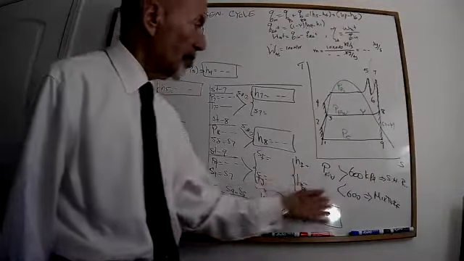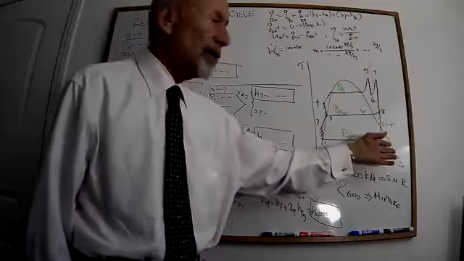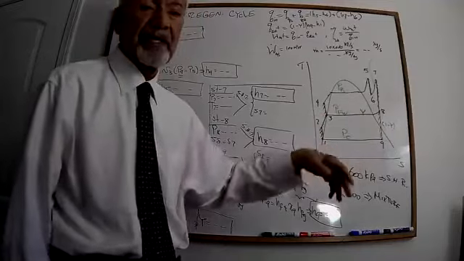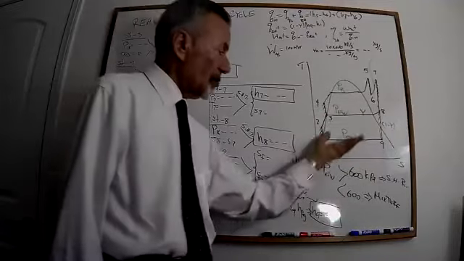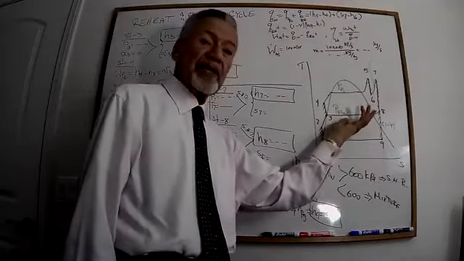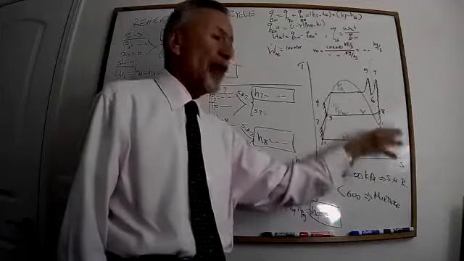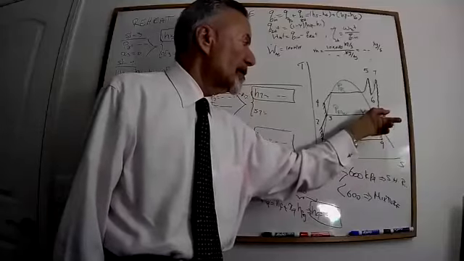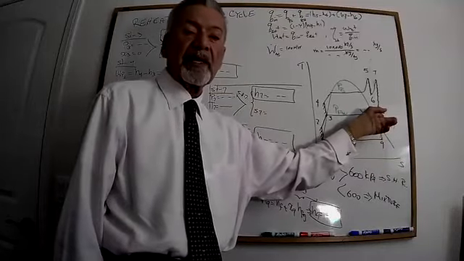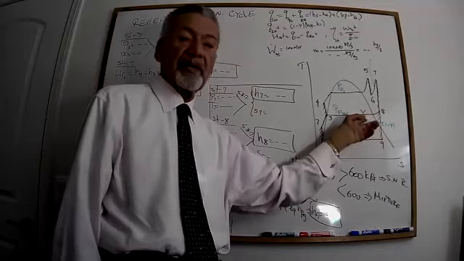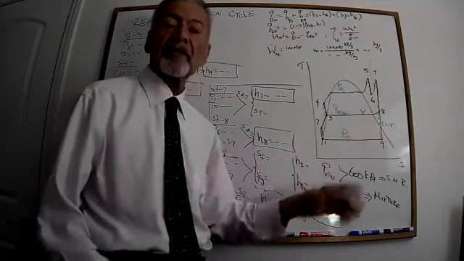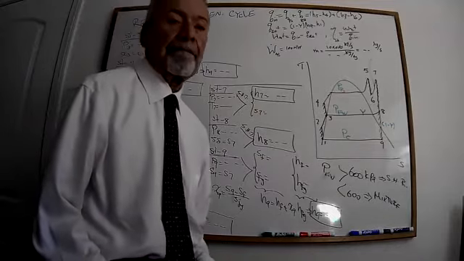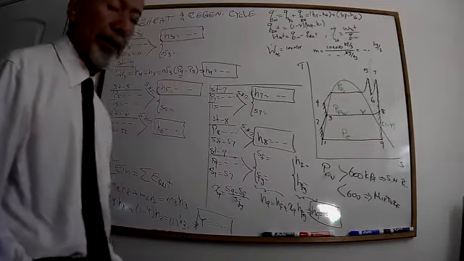The first thing you do, you make an assumption that point 8 is superheated or a mixture, doesn't matter. Once you realize where that point is, make sure you go back, erase the curve, and correct it if the point has to be in superheated or in a mixture. That's a correction you need to do. Don't just leave it out there. Any other question?